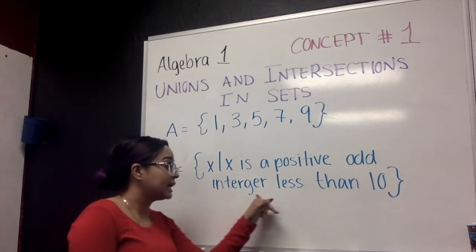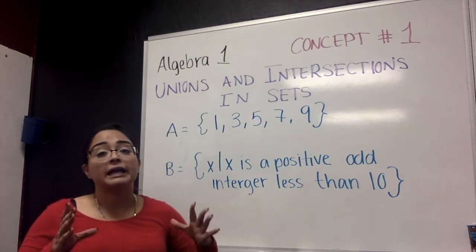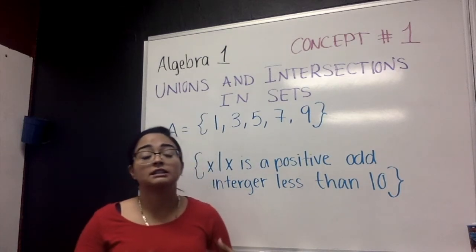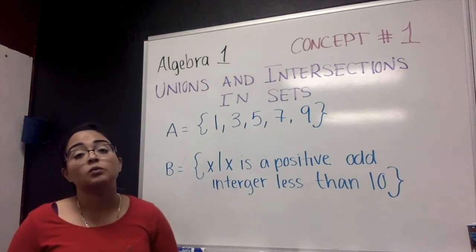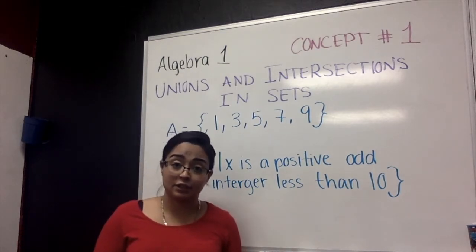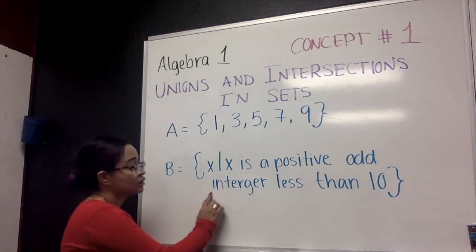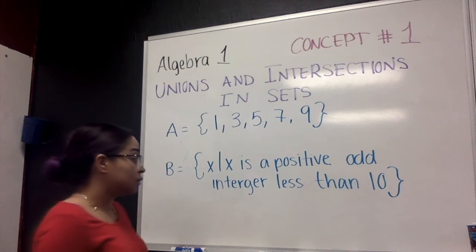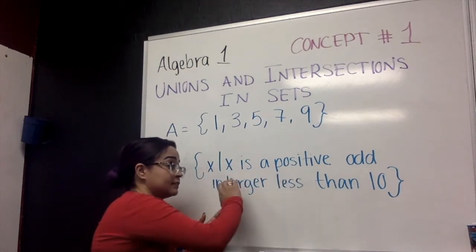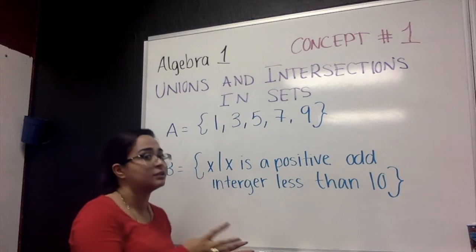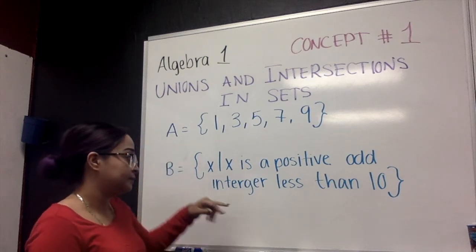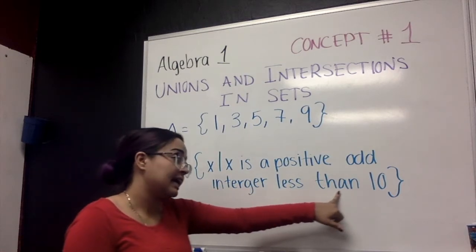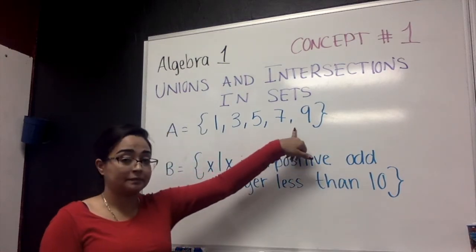Then it has to be an integer. Let's go back a couple of weeks where we learned different properties and how to classify integers. Integers can be positive or negative. In this specific variable, we are asking for only positive, which means it could still be an integer. So it is an integer that is less than 10. What is our biggest number? It's 9.